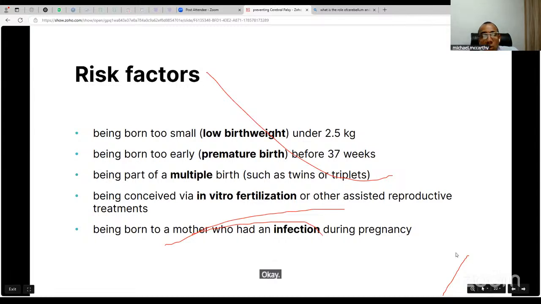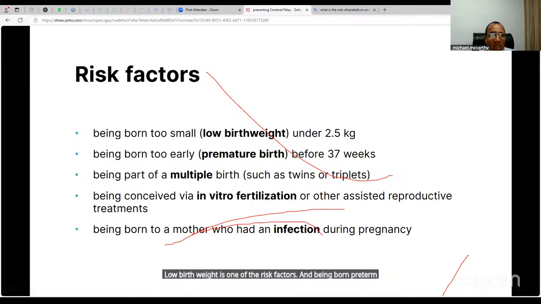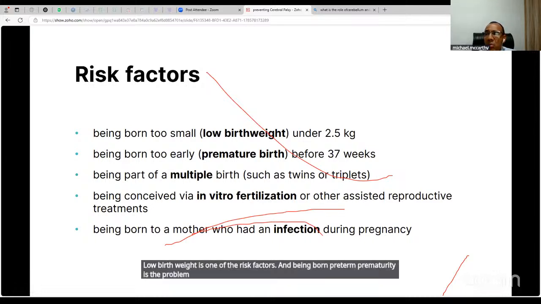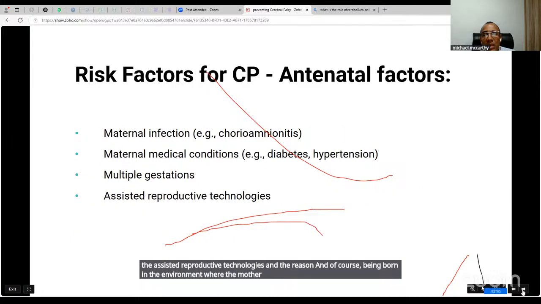Right. So low birth weight is one of the risk factors, and being born preterm, prematurity, is the problem. Increased risk in multiple gestations, and I've already mentioned the assisted reproductive technologies and the reason, and of course being born in the environment where the mother has an infection.